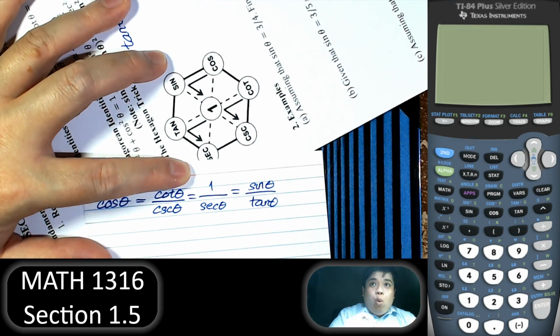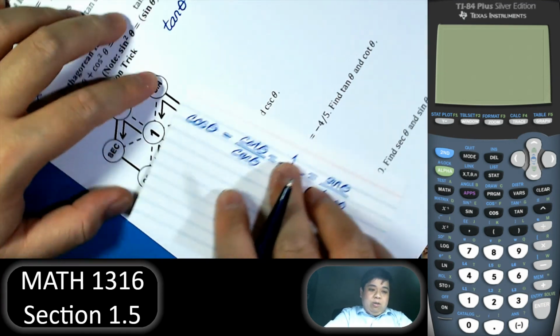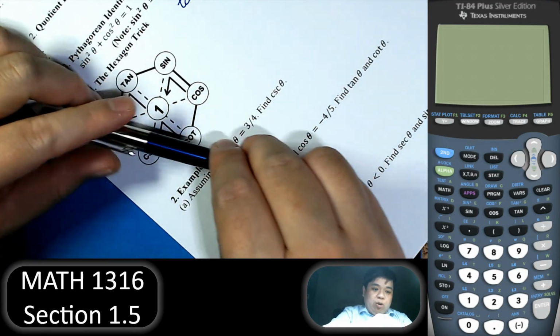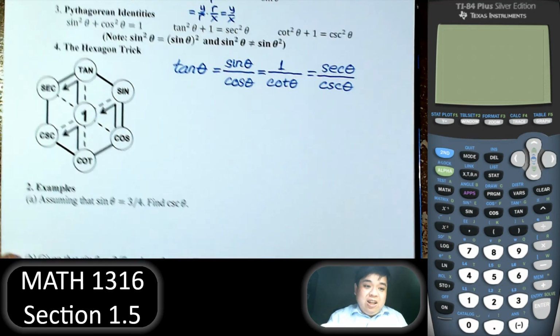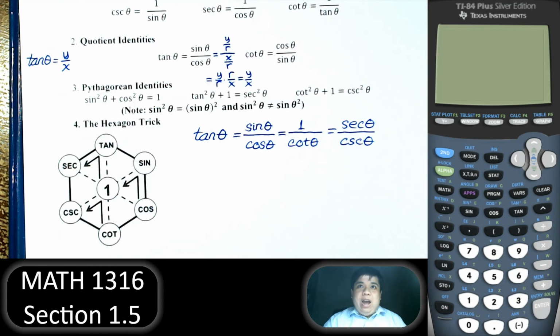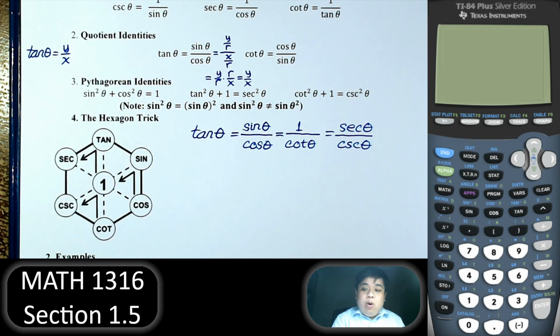So whenever we rotate, whatever function is on the top, we have 3 ratios, 1, 2, and 3. That will be a lot more than the identities we have here. So that gives us the quotient identities and reciprocal identities.